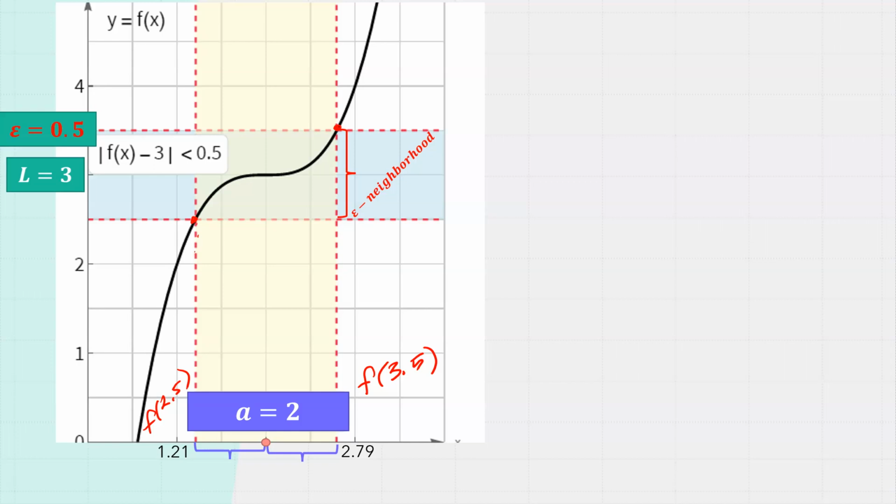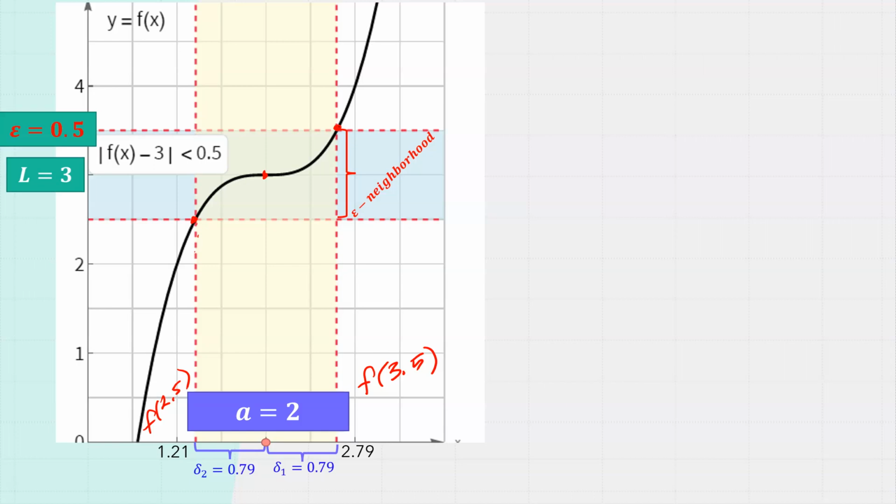Now, if you look at the graph, it is symmetrical around 2. And you can see that on the right hand side, the delta distance is 0.79. On the left hand side, the distance from that value to 2 is also 0.79. Well, that makes it easy.